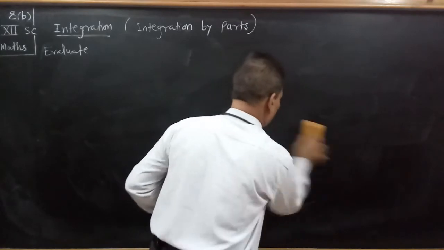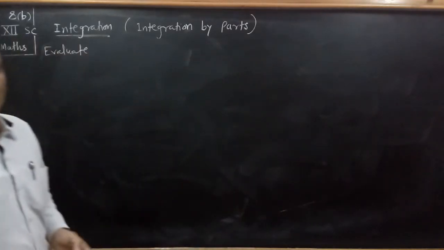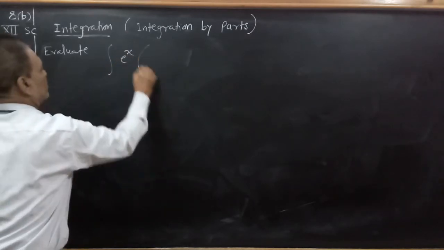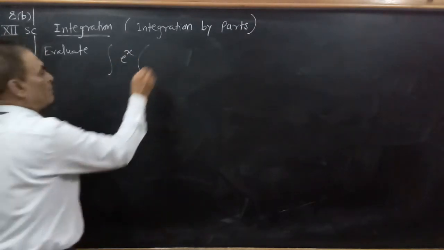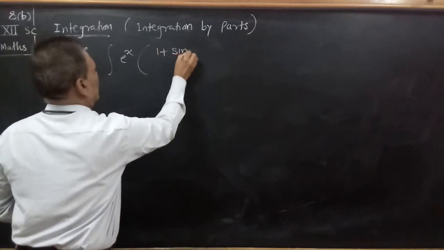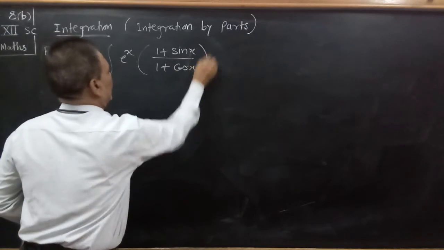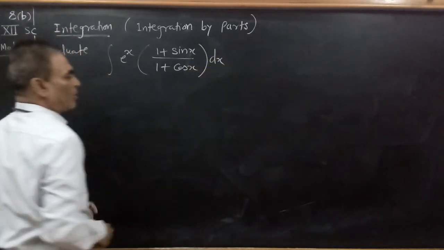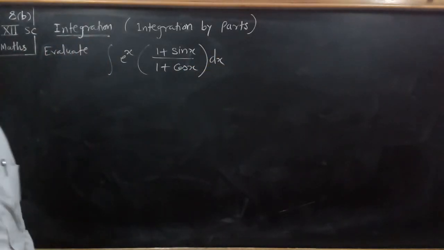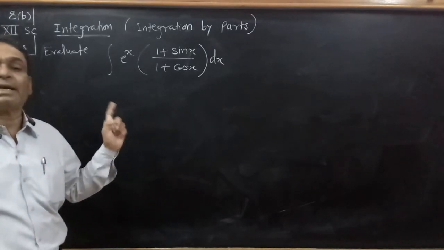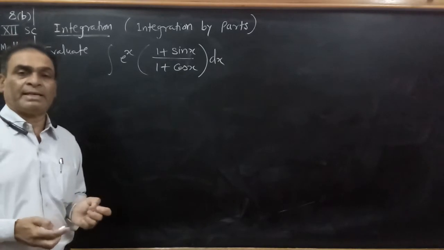Okay, third question is like this. Evaluate the integral of e raised to x into bracket (1 plus sin x) divided by (1 plus cos x) dx. Observe the given question carefully and think how to convert it into our standard format.